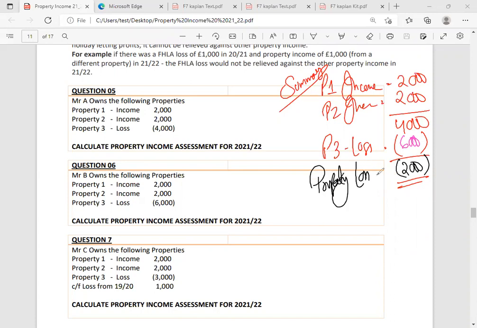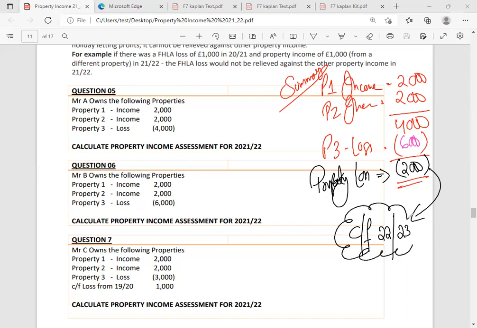What should we do with the loss? Does it go to non-savings? No. If you have an excessive loss, meaning excess loss over income, the rule is that this loss will be carried forward to the next tax year.